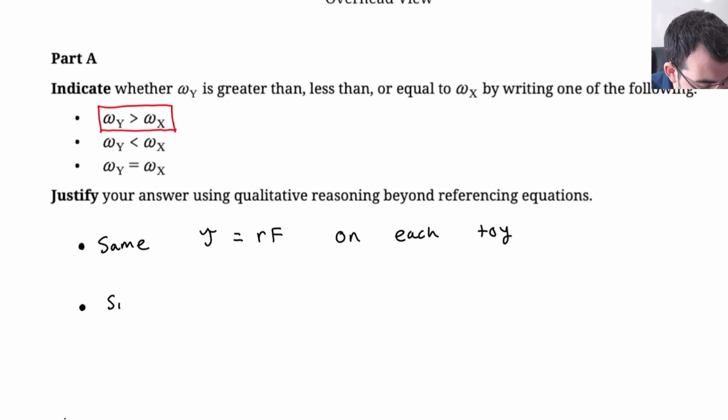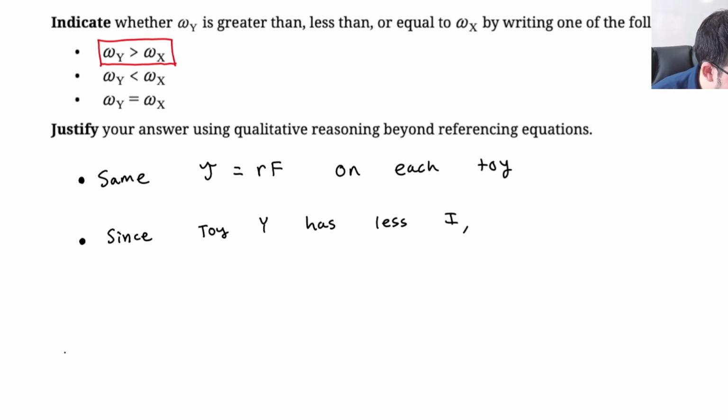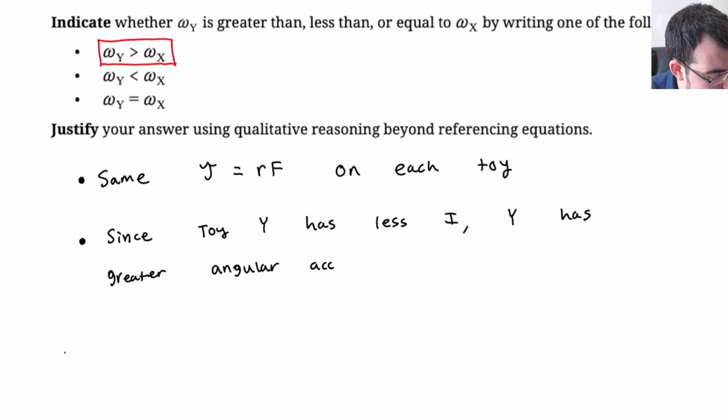But since toy y has less rotational inertia, which I'm going to call I, y has greater angular acceleration, reaching a greater speed.